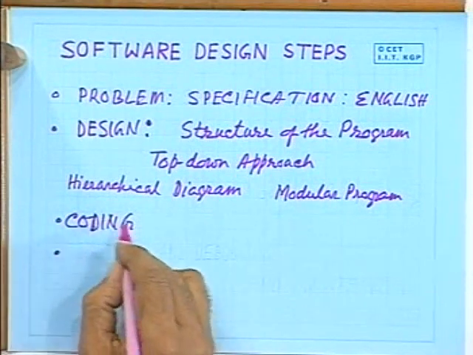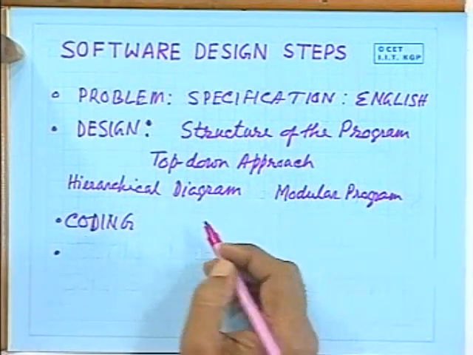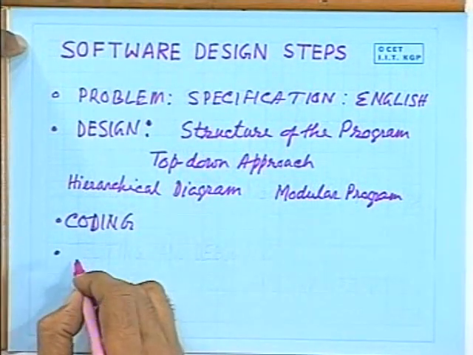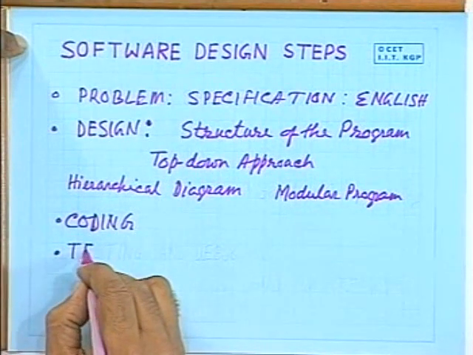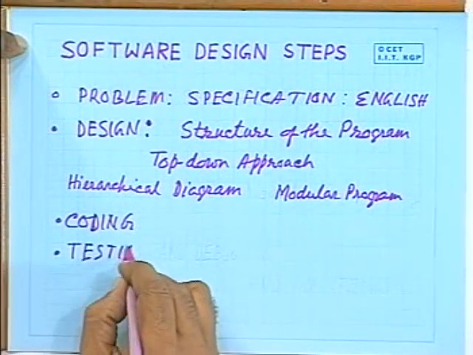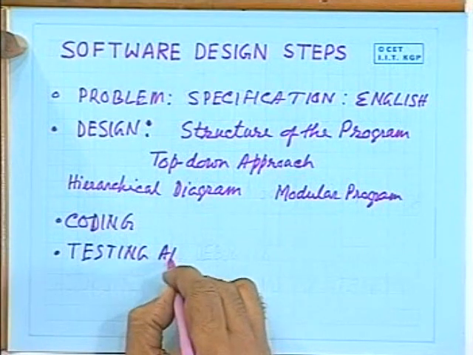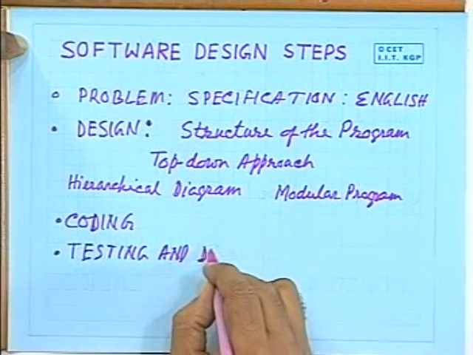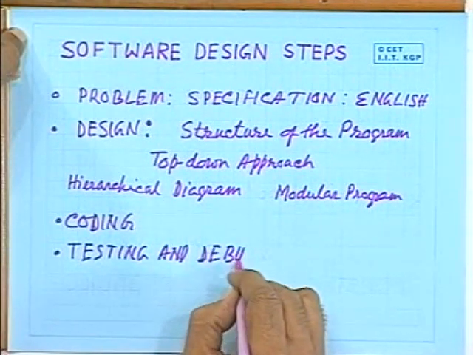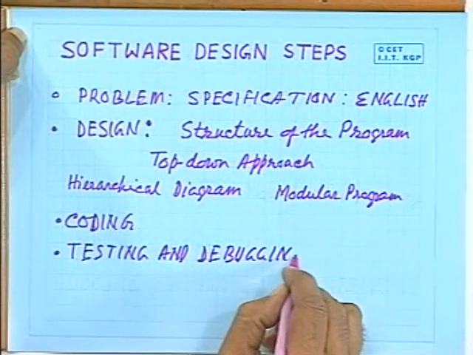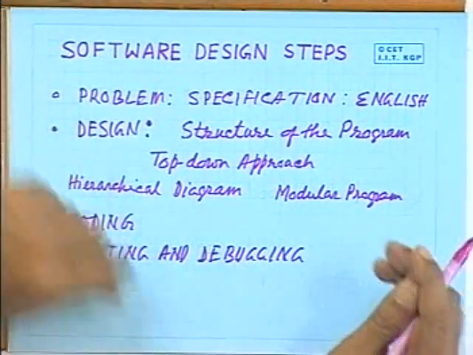Then comes, after the coding is done, either in our case in assembly language, you have to do testing and debugging. Obviously, after you write a program, you should not expect that it will be bug free.